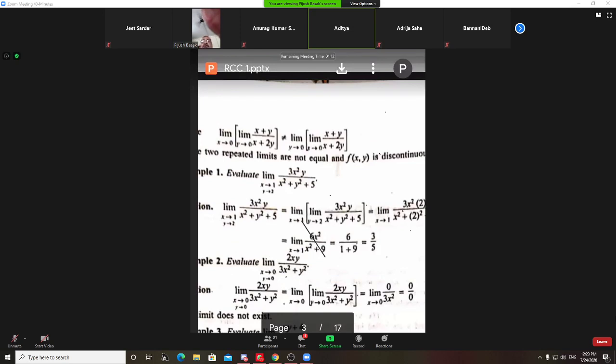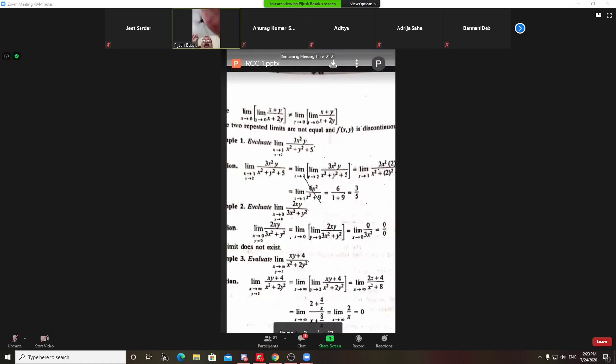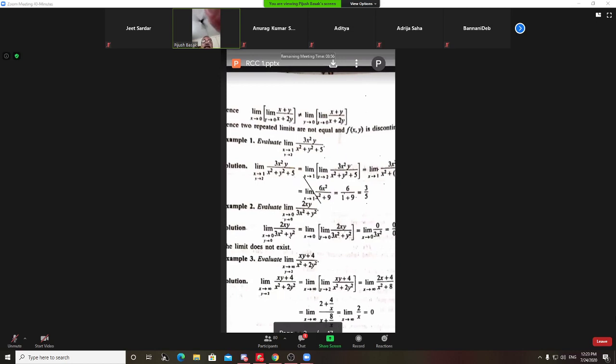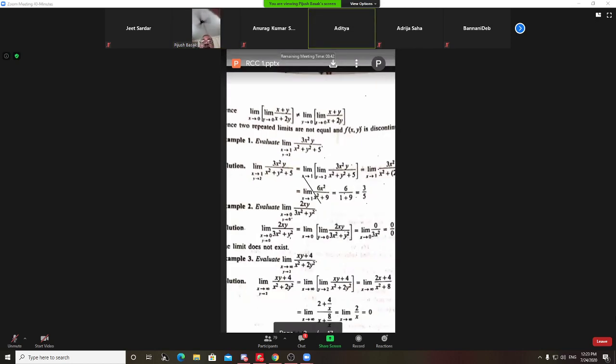Sir, what if we substitute x first, then will that be incorrect, sir? This is the usual way of finding out the value of the limit. Right? So the value of this limit, sample example number 1, is 3 by 5. I think nothing is wrong, because y first and then substitute x. Y is equal to 2, then x is equal to 1. You get 3 by 5. Sir, if we substitute x first, then it will be incorrect?